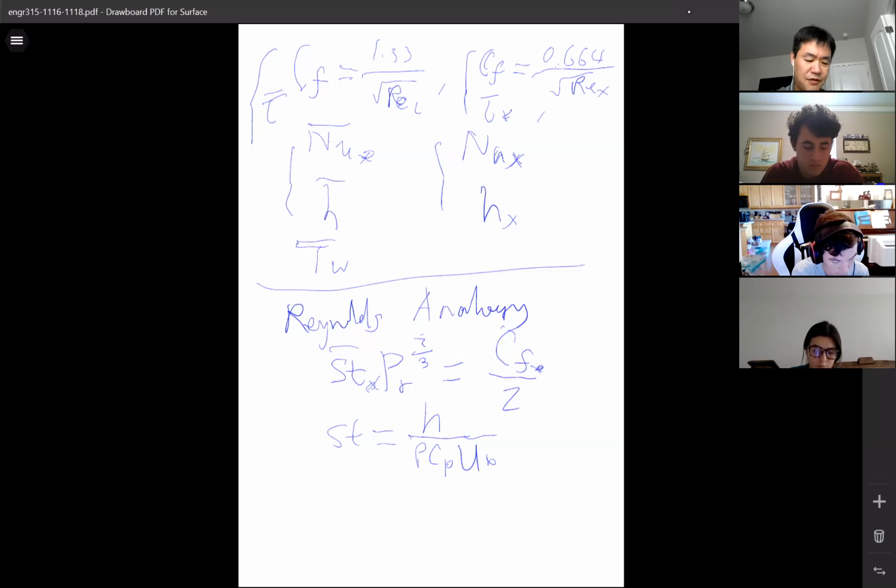3, shear force. 4, average heat transfer coefficient. 5, the total heat transfer, the total heat loss.